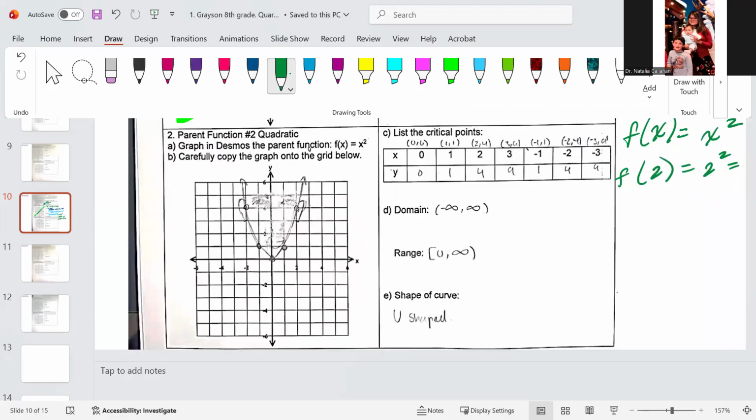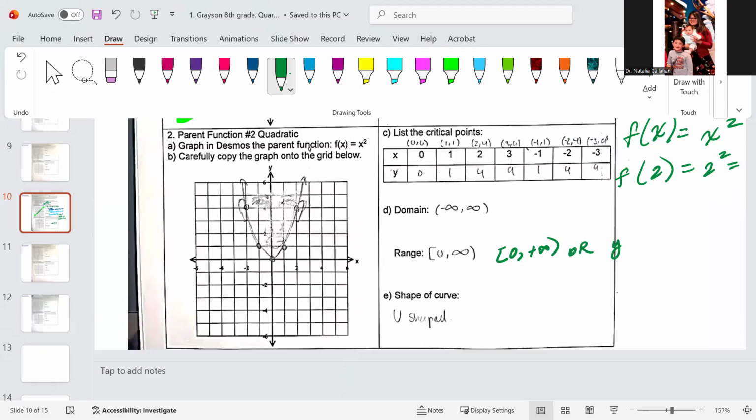Range. How far below does it go to? Does it go past -1? Does it go -2? How low does it get to? 0. So it's from 0 the smallest. How far up does it go? Does it go to 100? Does it go to 1,000? Does it go to 5? Positive infinity, right?